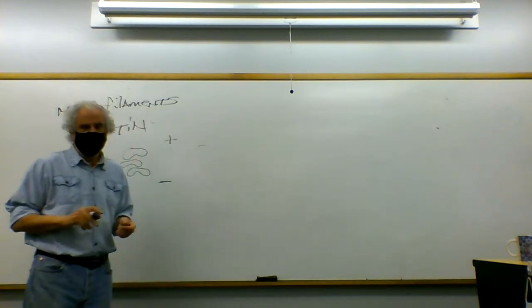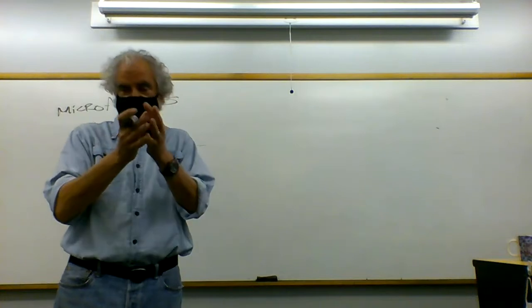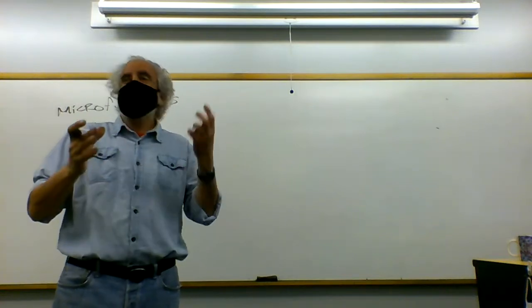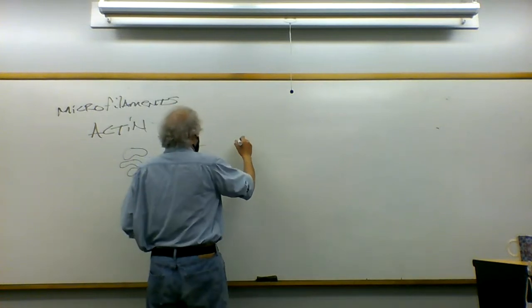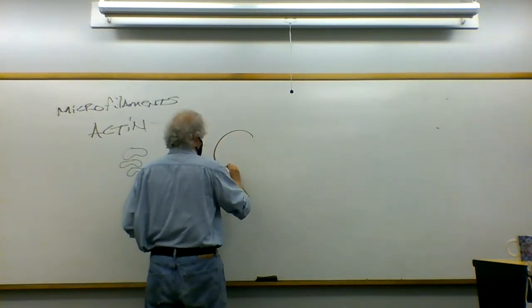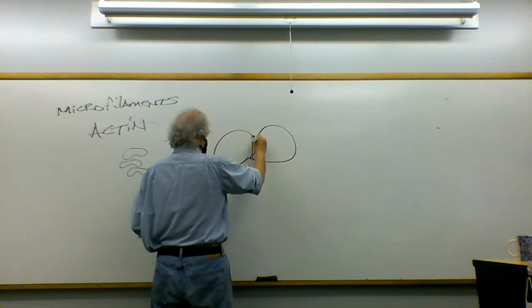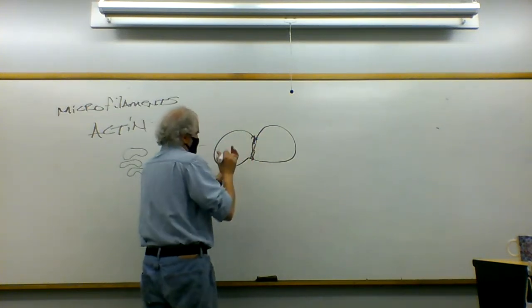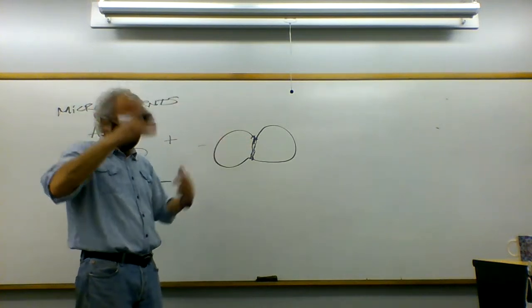Some of the things that you would know actin microfilaments from: remember after cell division, or after karyokinesis, the division of the chromosomes, we have cytokinesis. And one of the things that is observed is the formation of the contractile ring, a ring that is pinching off the two cells after the chromosomes have separated out.